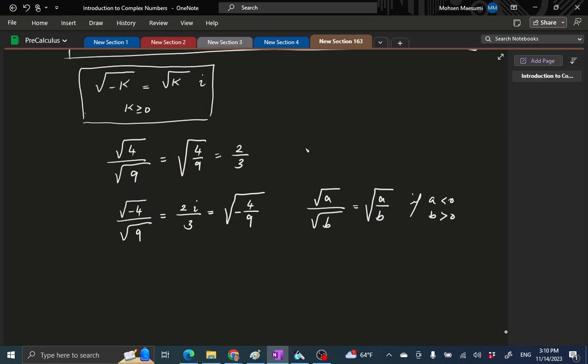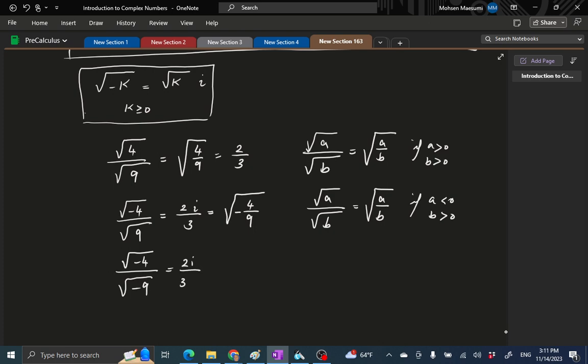Of course, what we have from middle school is that if both of them are positive, that is never an issue. So if a was positive and b was positive, well, that's what we are used to, and no issues there. What if both of them were negative? Square root of -4 over square root of -9. So that is 2i over 3i.